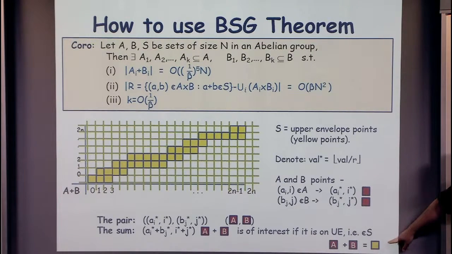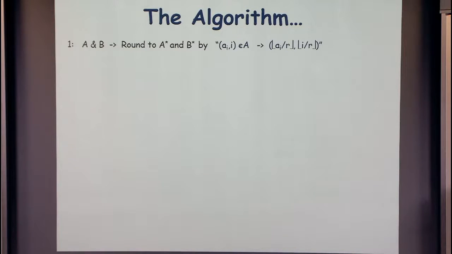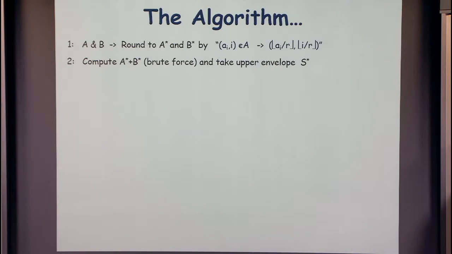Okay. So here's the algorithm using this idea. We take A and B, and we round both of them down to these r by r squares. And then on the rounded down A and the rounded down B, we compute their Cartesian sum by brute force and take the upper envelope of the rounded down version.